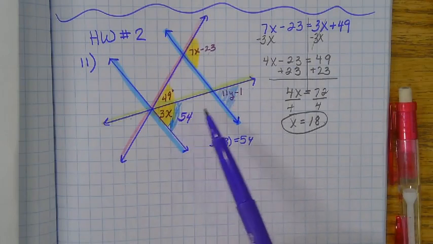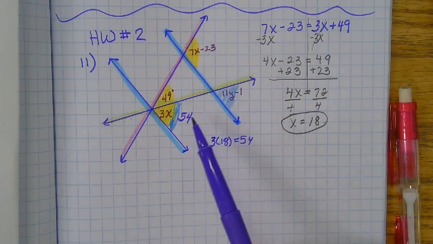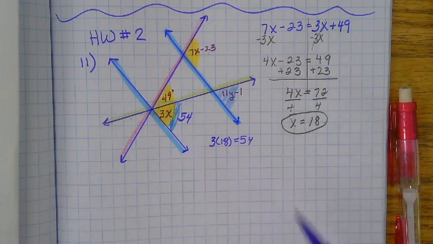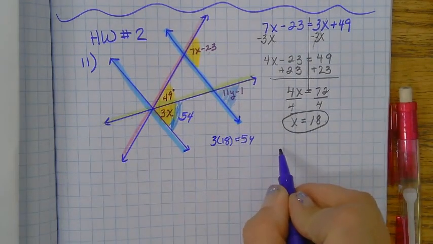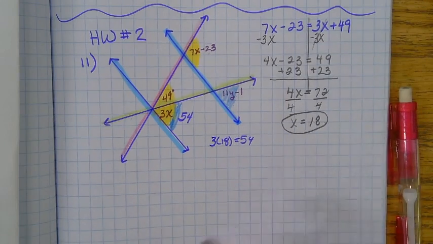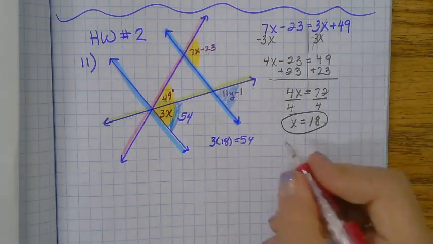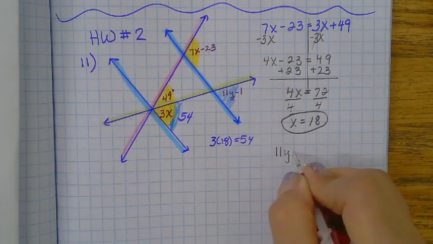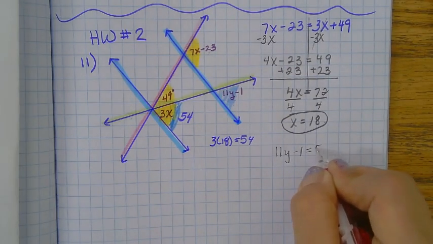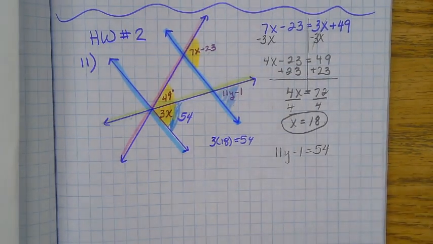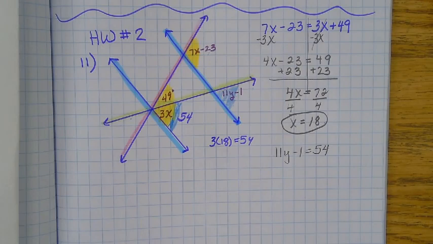So now these two angles should be equal to each other or add to 180? Equal to each other. They're corresponding angles. So that's going to be 11y minus 1 equals 54. Then can you solve that for y for me?